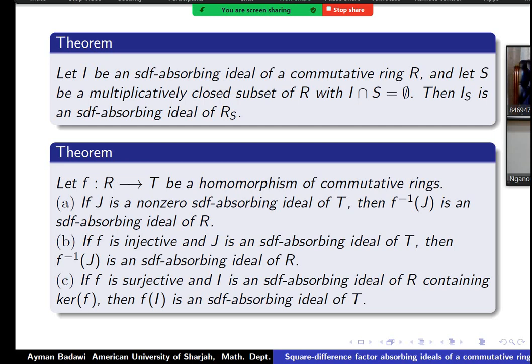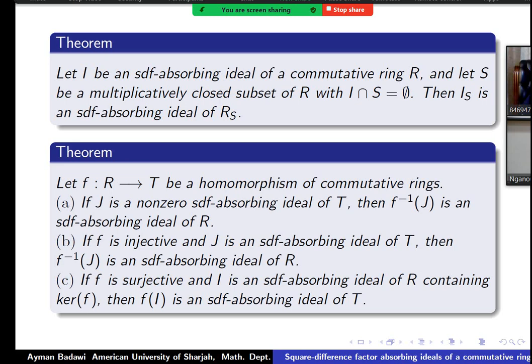And in C, if f is surjective and I is an SDF ideal of R, and here we have to add one condition, that I contains the kernel, then f of I will be SDF.